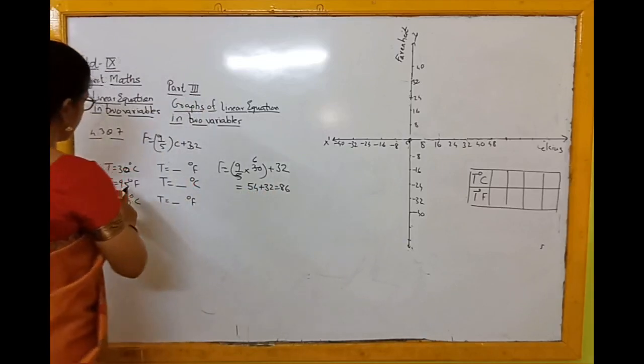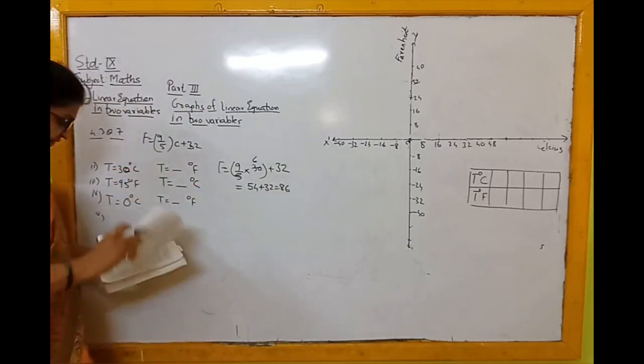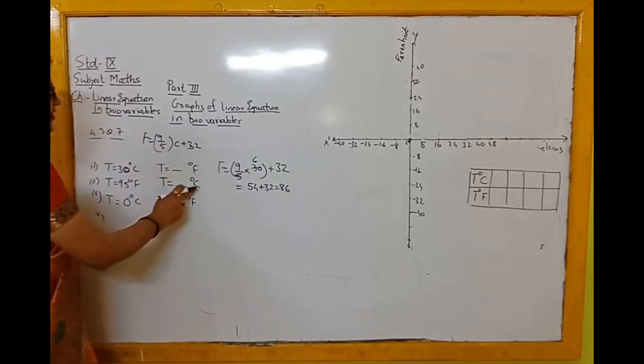The next question is: the temperature in Fahrenheit is 95 degrees Fahrenheit, and you have to find out the temperature in Celsius.